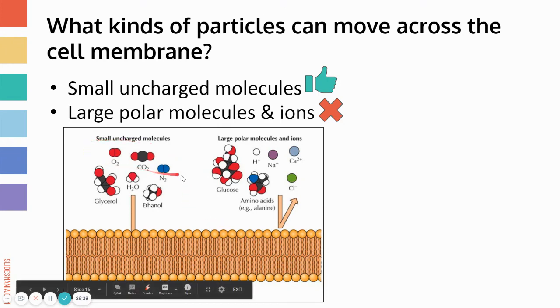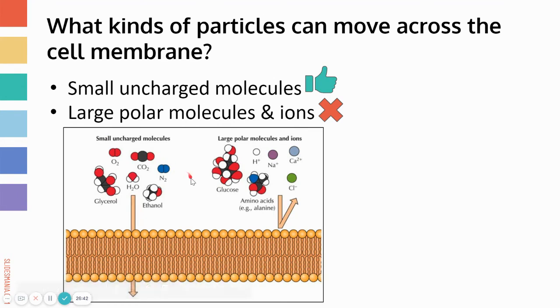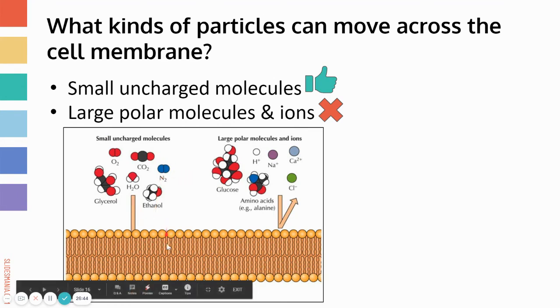So uncharged, nonpolar molecules like oxygen, carbon dioxide, and nitrogen are going to have the easiest time, because as they get into this hydrophobic region, they feel right at home. They're like, oh yeah, nonpolar, I'm nonpolar too, we can hang out. And so they'll be able to easily diffuse, and we'll get into diffusion in a little bit. They'll be able to cross the membrane and get to the other side with relative ease.